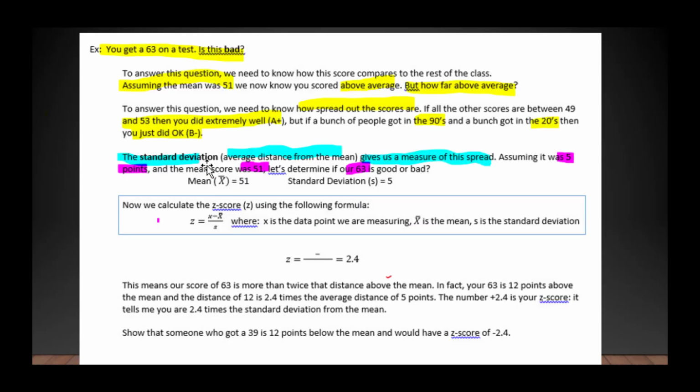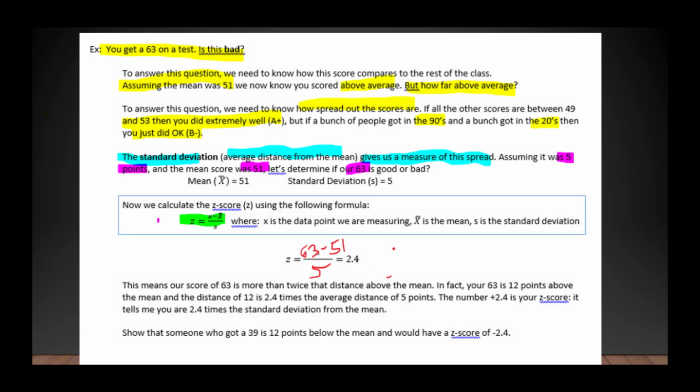So to calculate it, it's right here. A z-score is the data score minus the average, which gives you the spread, the distance that data point is from the average, which in this case is going to be 63 minus 51, divided by the standard deviation, which is that s there, which in this case is 5.